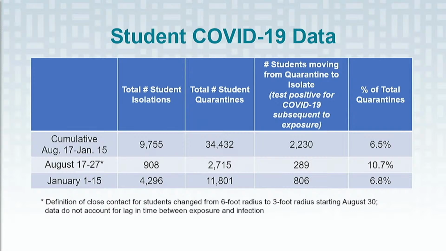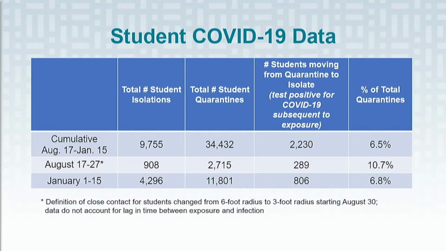Student data is a little bit different. Total student isolation, 17 August to 15 January, there were 9,755. There were 34,432 student quarantines.